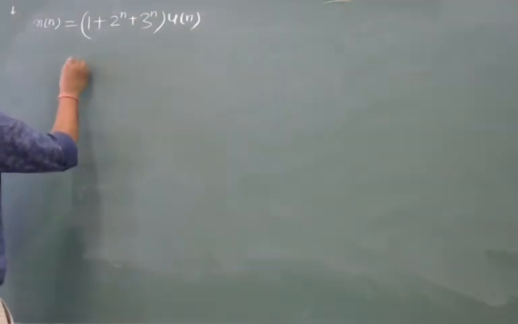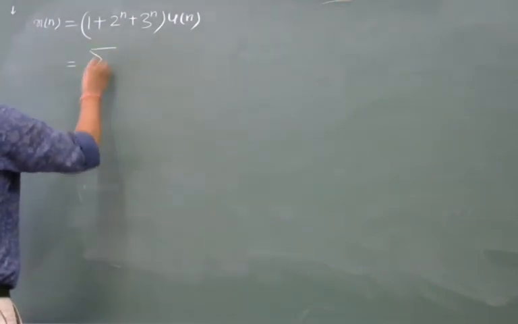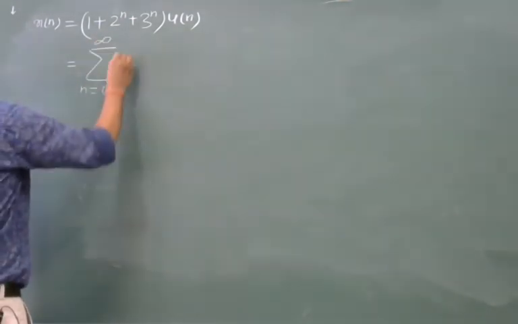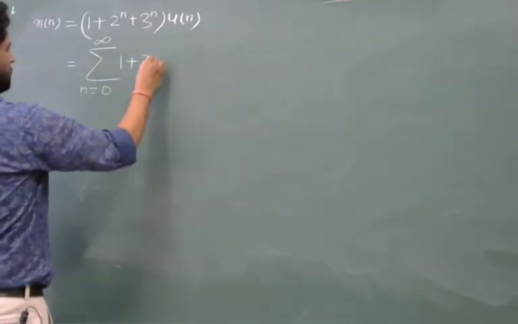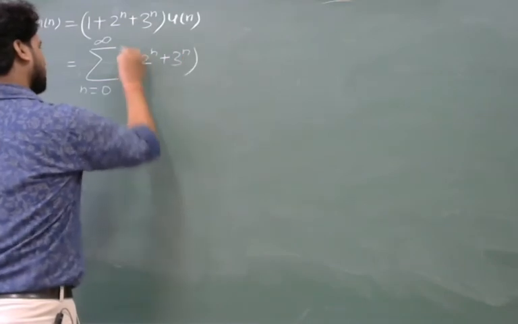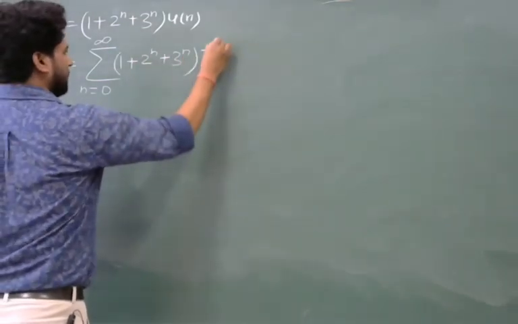Here the given sequence is made of powers of 2 and 3. Obviously, because u of n is given, the limit will be from 0 to infinity of 1 plus 2 power n plus 3 power n into z power minus n.